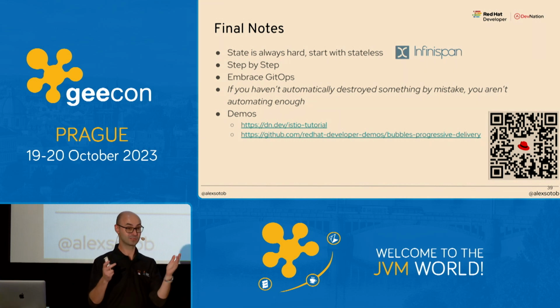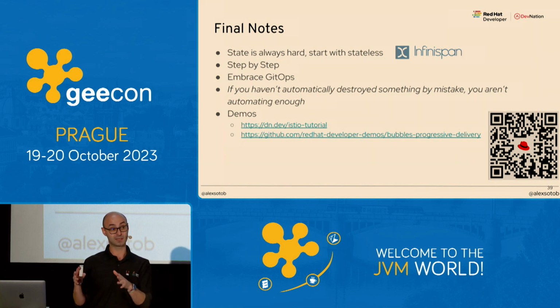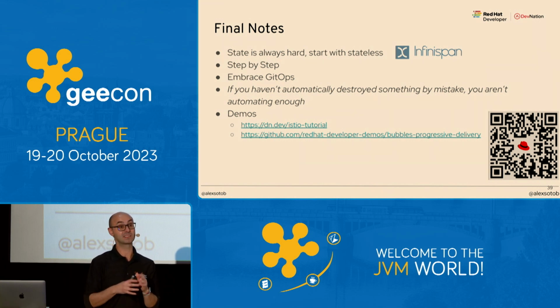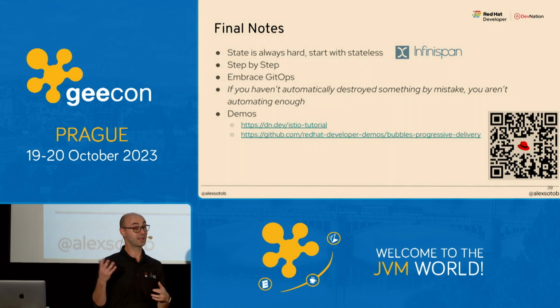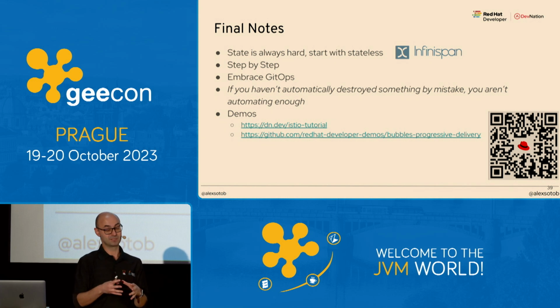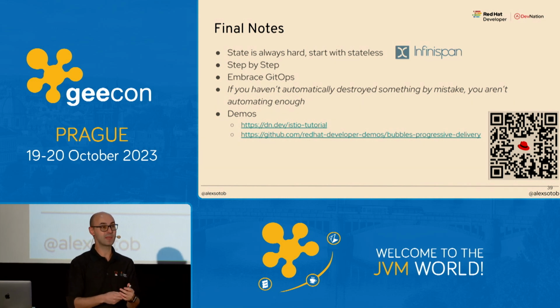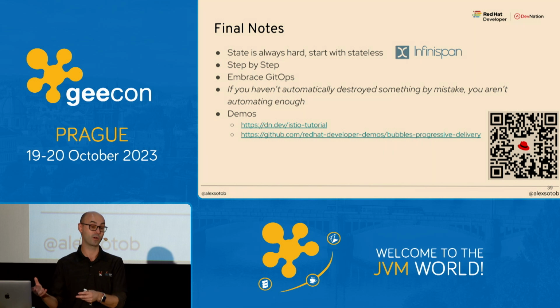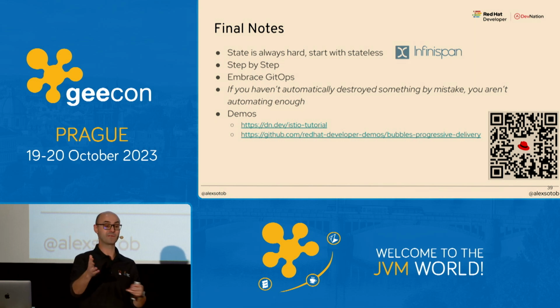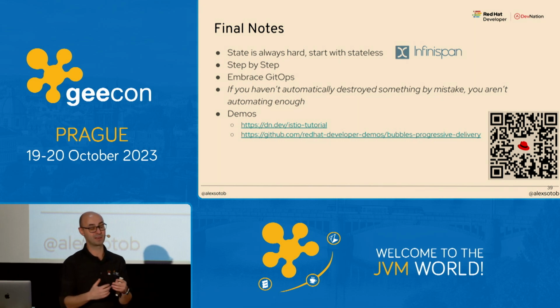It's lost. So first of all, I recommend that you start applying all these techniques in stateless services. That's the easiest one. Then with time, let's change things to make your stateful services also work in this way, basically using Infinispan, Redis, or any of this kind of in-memory cache.